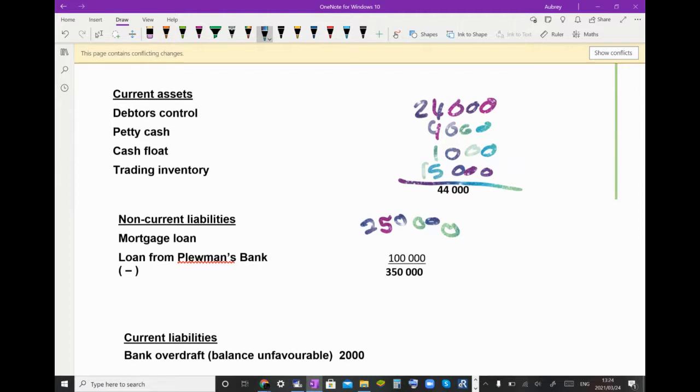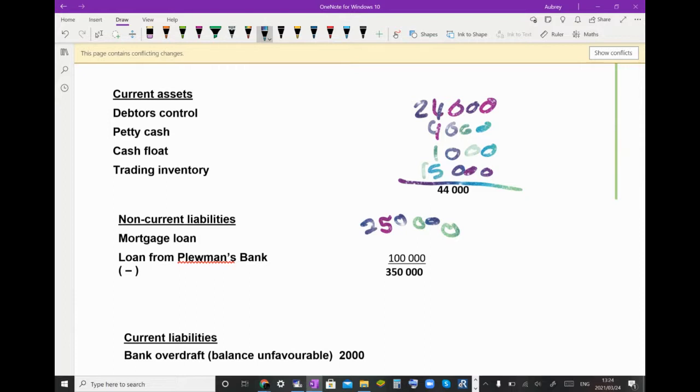Okay. And somebody tell me, how are we getting the 100,000 for the bank loan? Loan from Puman's Bank. Okay. All right. Guys, this was the real trick in this question.